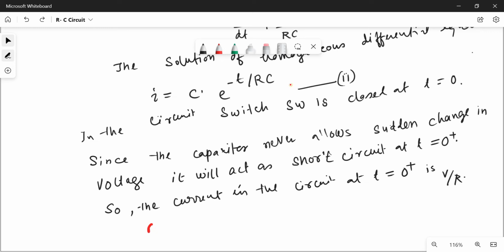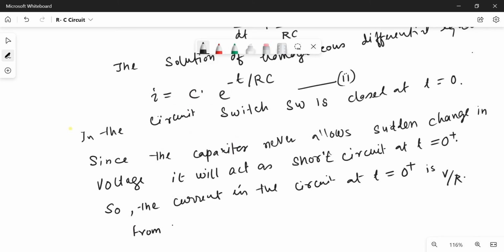From equation 2, we get V by R is equal to C into e to the power 0 at t equal to 0.